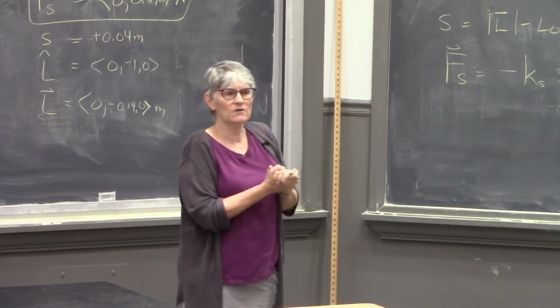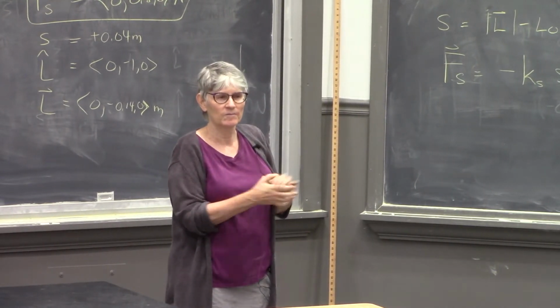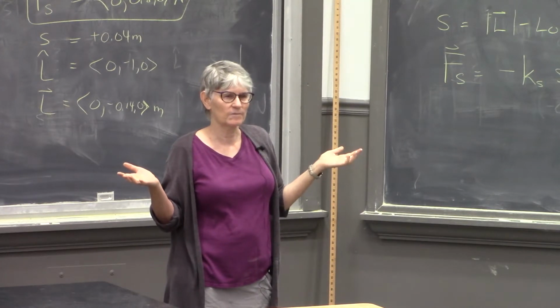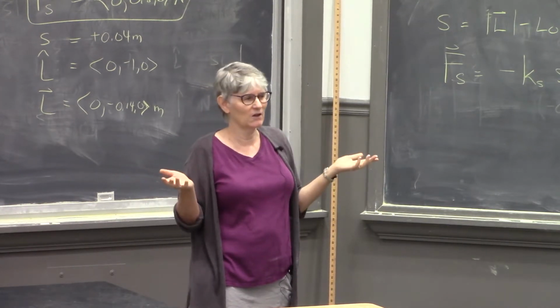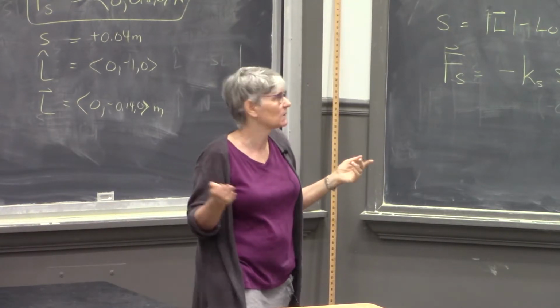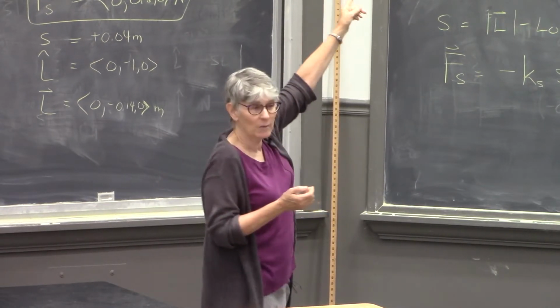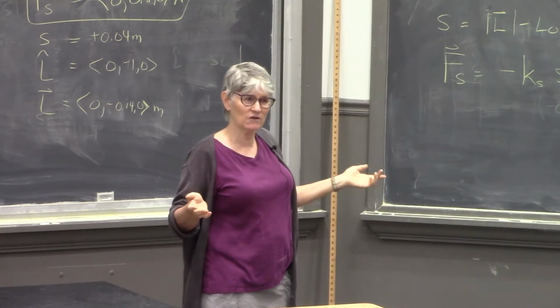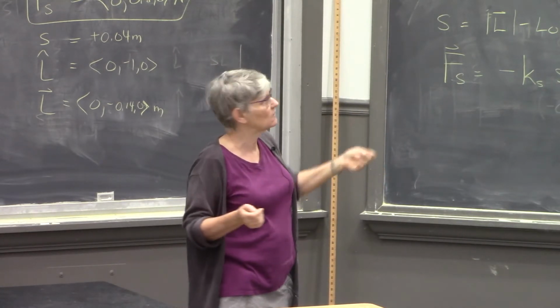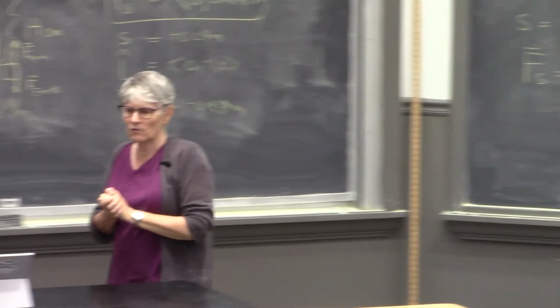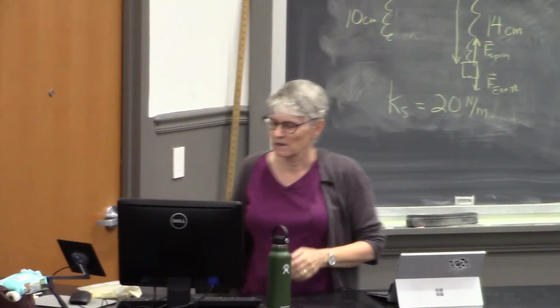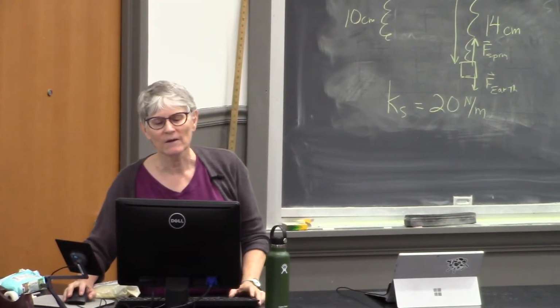The force by the earth on the block is a constant, so we could recalculate it, but we'd be recalculating a constant, which is okay. But the momentum of the block is changing, and the position of the block is changing. We need the position of the block to get the new force. So perfect. You're on a roll.